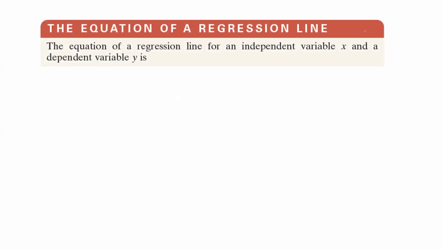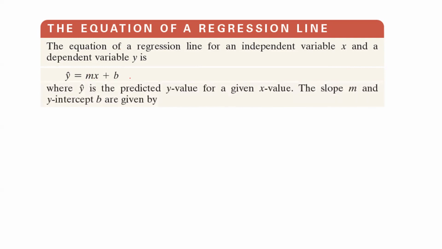The equation of a regression line for an independent variable x and a dependent variable y is denoted by y hat equals mx plus b. Y hat is the predicted y value for a given x value.